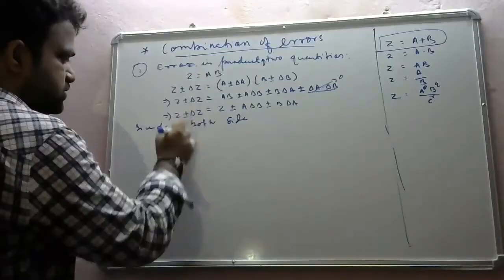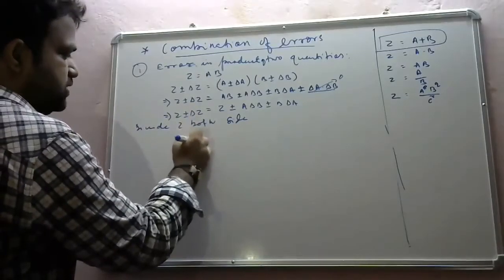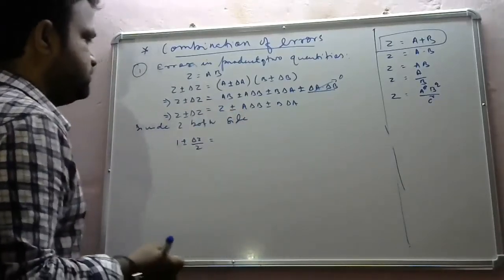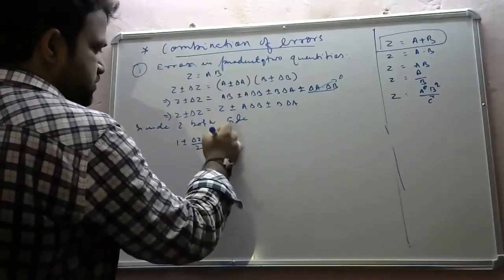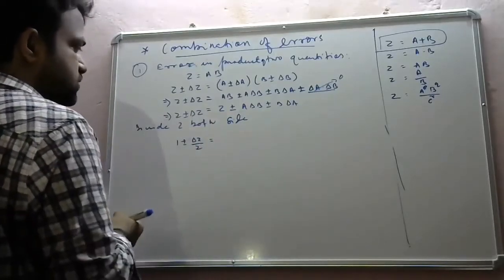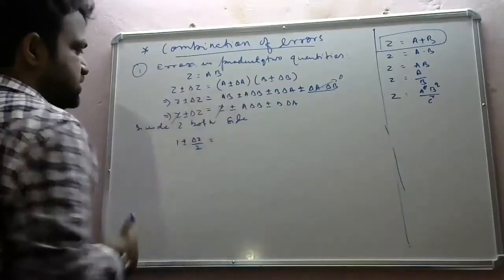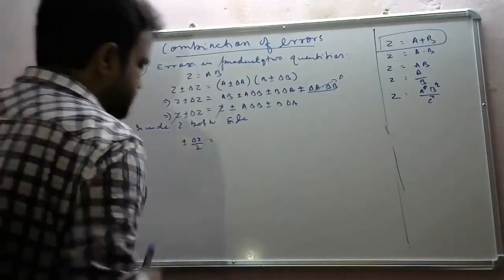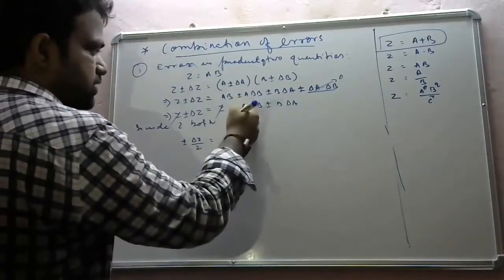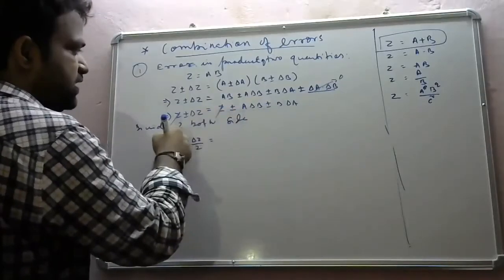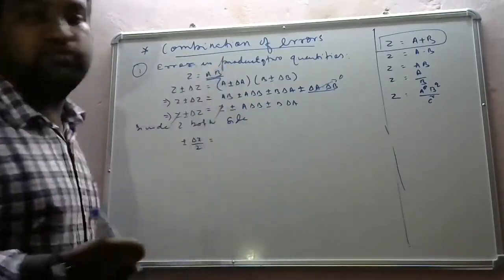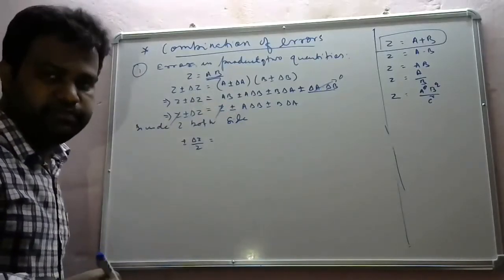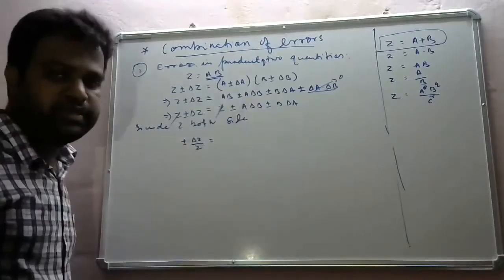Now delta Z by Z. Here on the right side, instead of dividing by Z, since Z is equal to AB, I'll divide by AB. It's my choice, because AB is there, so it will be cancelled out.